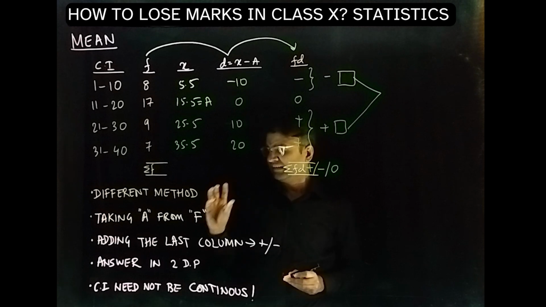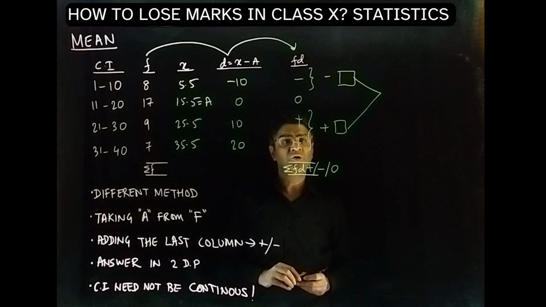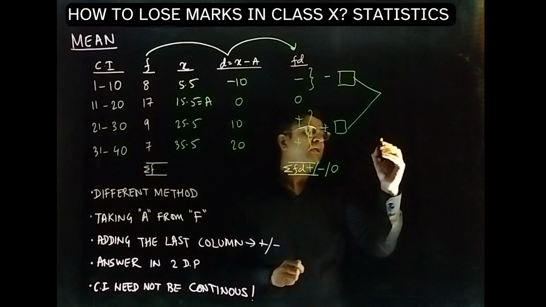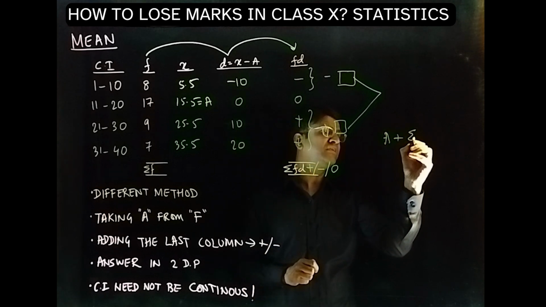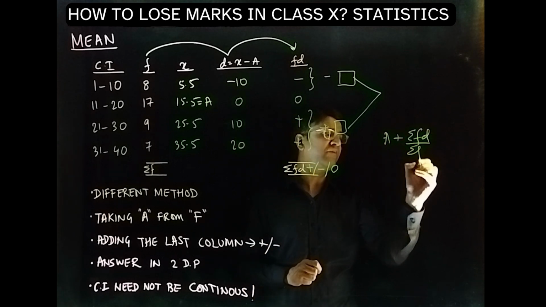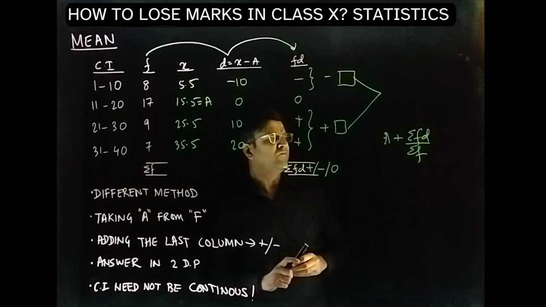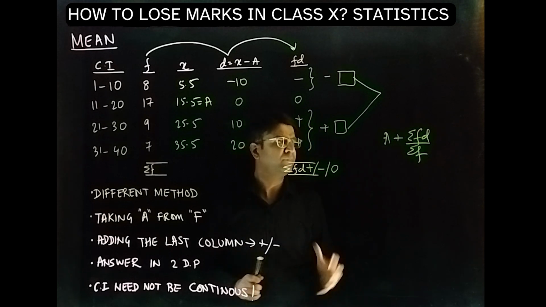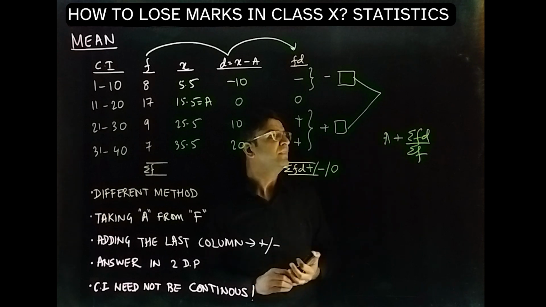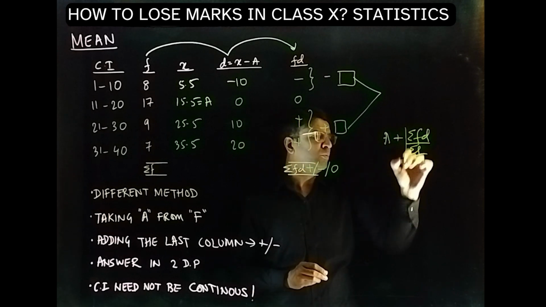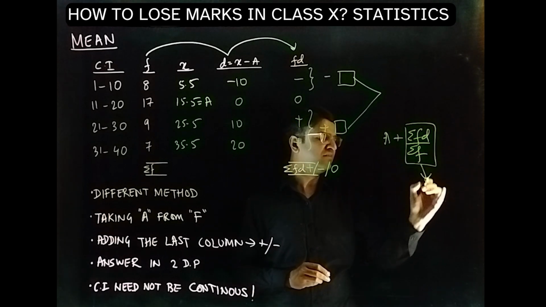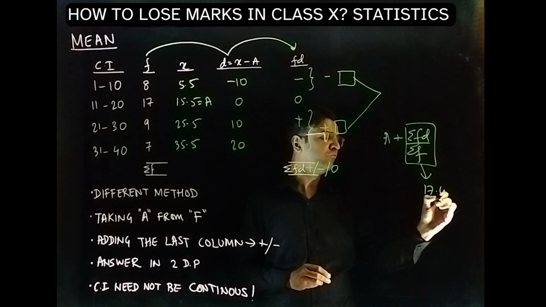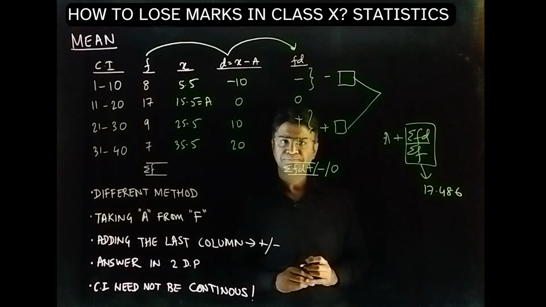Now, next, the answer in two decimal place. Yeah, let's analyze that portion. A plus summation FD by summation F is the formula. Even if you use a different variation of this formula depending on your board, doesn't matter, but this is the basic. Now, after doing this, say you get 17.486.